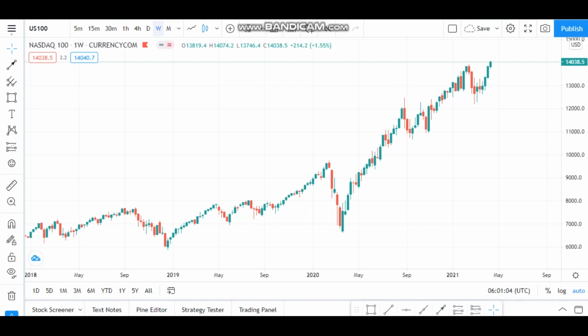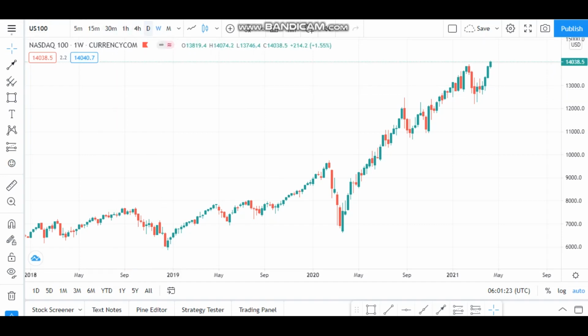Nasdaq didn't really move as anticipated, because I expected the market to at least move more than this, but with the current situation at hand, I think next week will move so much, because this week it didn't have the opportunity and the momentum to go so much.